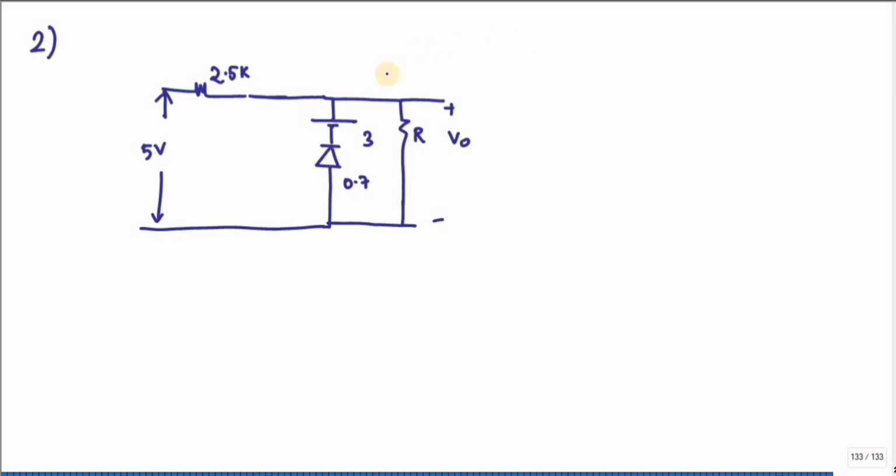So it will not go more than this, which is nothing but a negative clipper, so it will not go more than 0.3.